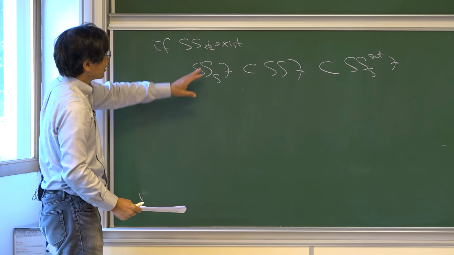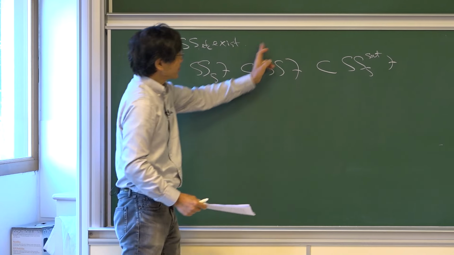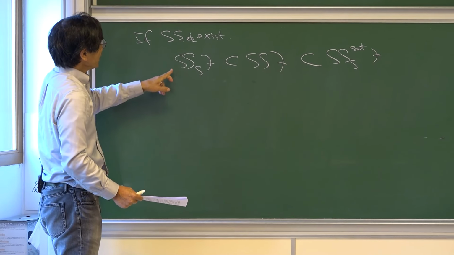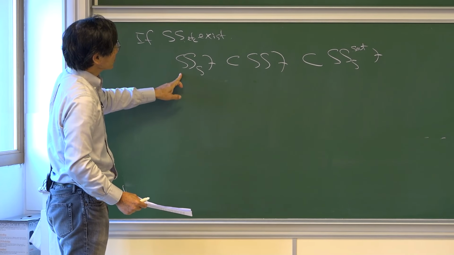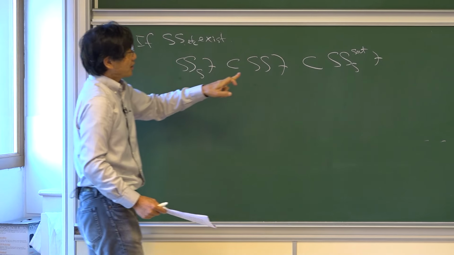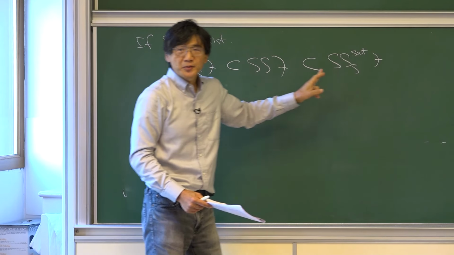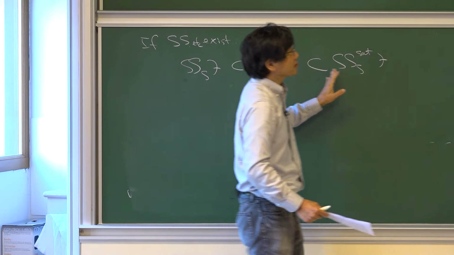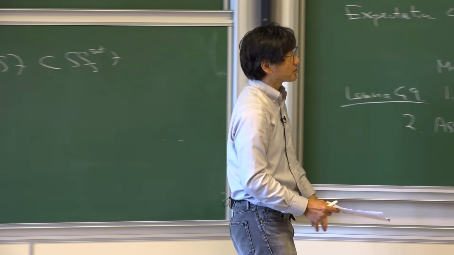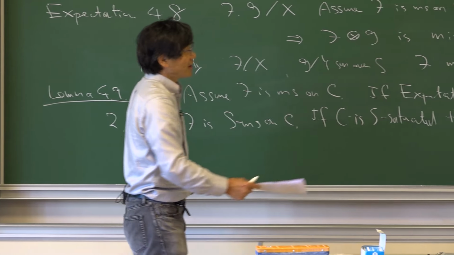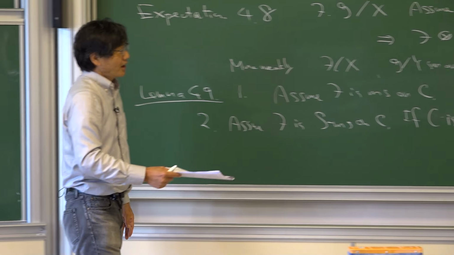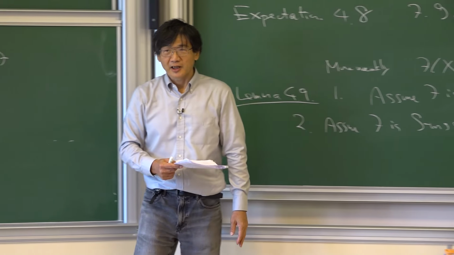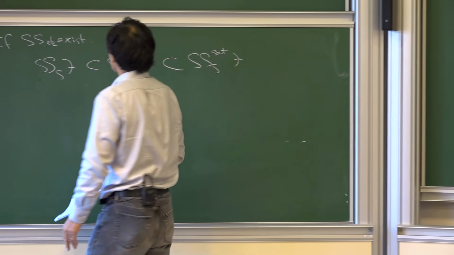So this is the correct one. The relative one can be too small, and the saturated one can be too big, but the difference is just one dimension, because saturation means it's closed under the line action of line bundle.